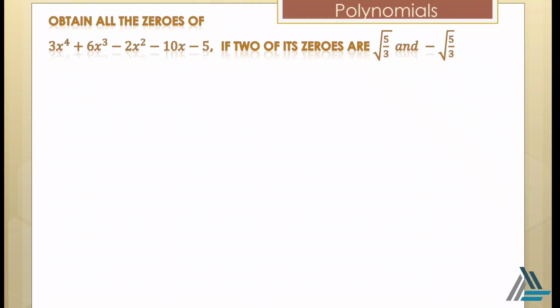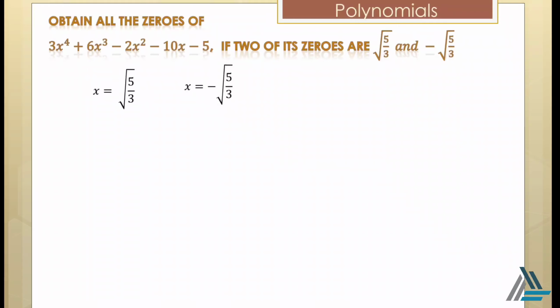First of all, we see that here we are given two zeros of the polynomial. As we know, a zero of a polynomial is the value of x which satisfies the given polynomial. Then we can write the two values of x. The first value of x is root 5/3 and the other value of x is minus root 5/3.